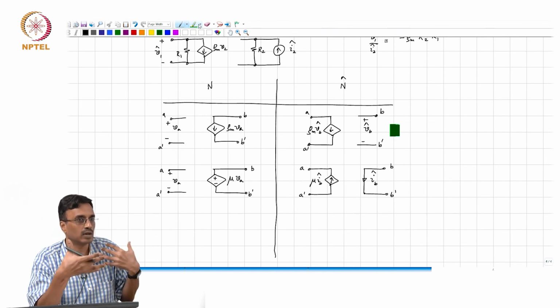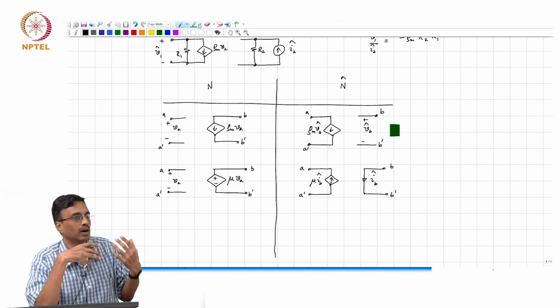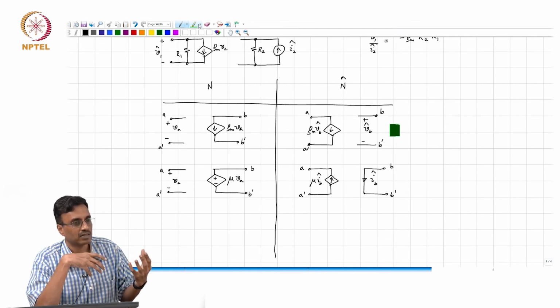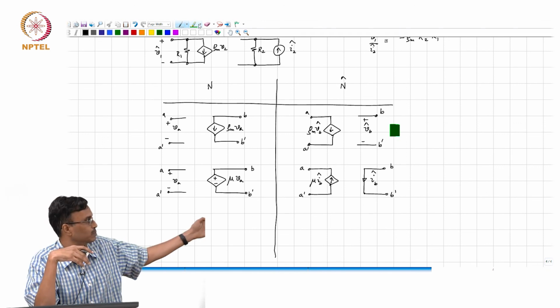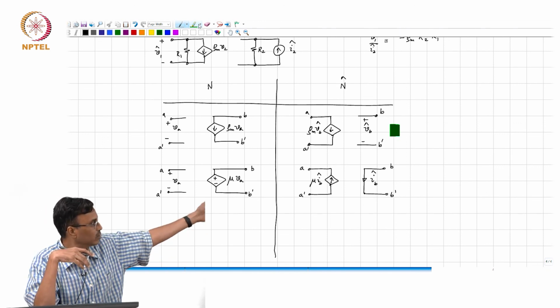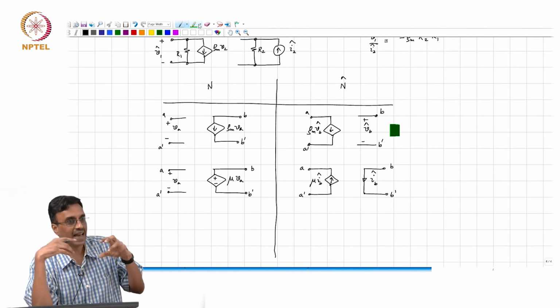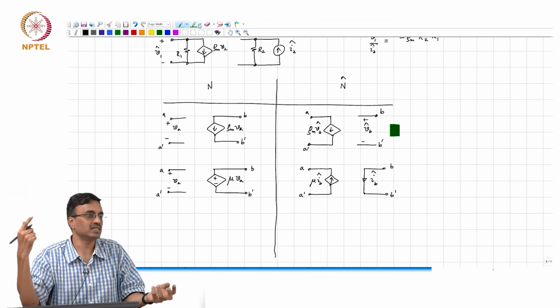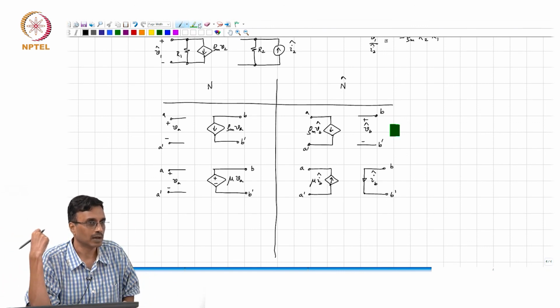This is just a technique for computation and determination. We are going to create something where all the control sources are flipped as per our recipe we have shown here. We need to still consider two more control sources, and in that network we are going to interchange the excitation port with the response port, right?